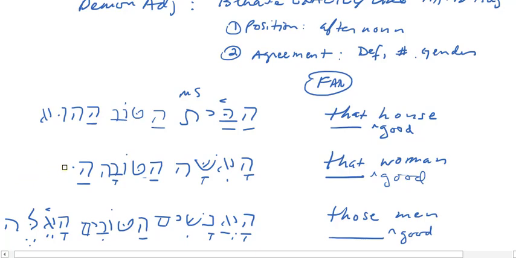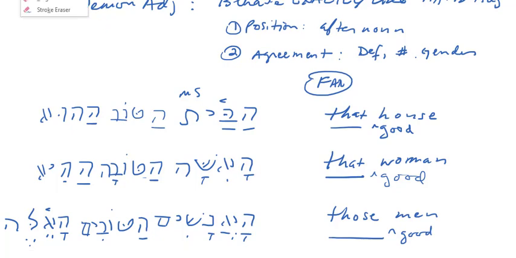I have to change zot to what? Yeah, I got to go from hu to hi, right? So it's ha-isha ha-tova ha-hi. The woman, the good, the that, which is that good woman. And then over here I have ha-anashim ha-tovim ha-ele, these good men.